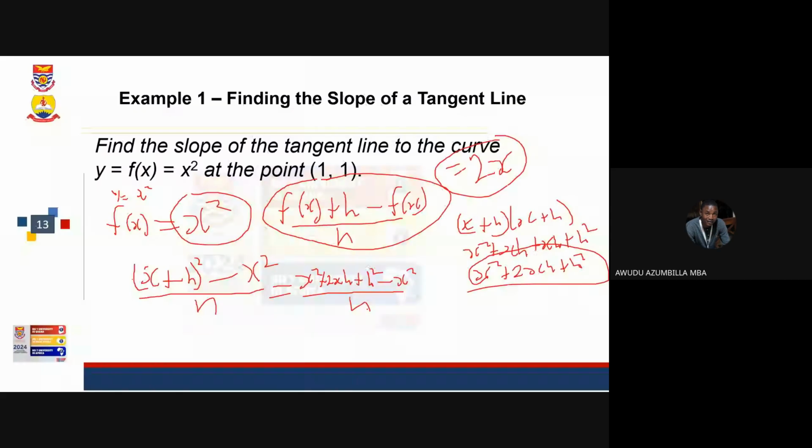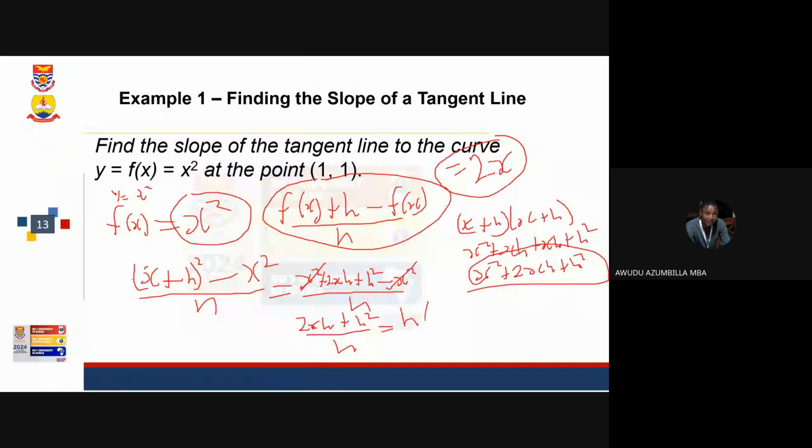Now, when you do this, I can see that x squared here and x squared here, I can quickly cancel. So that we have 2xh plus my h squared all over what? My h. Now, if I have this, it means that we have h here, I have h here.